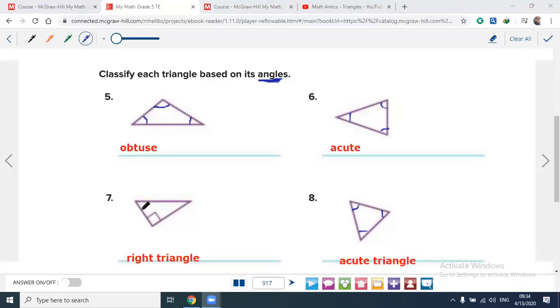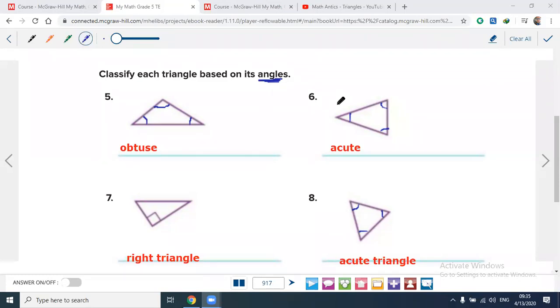See here, I have one right angle and the other ones acute. Here I have one obtuse angle and the others should be acute. Here all of them are acute. Okay. How many sides are congruent in the isosceles triangle?